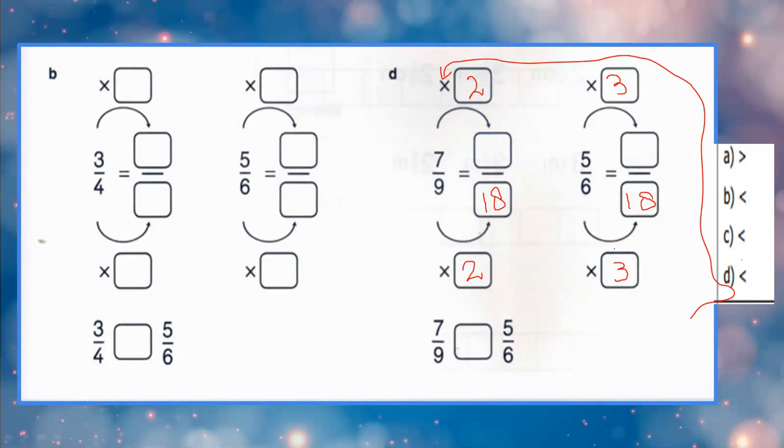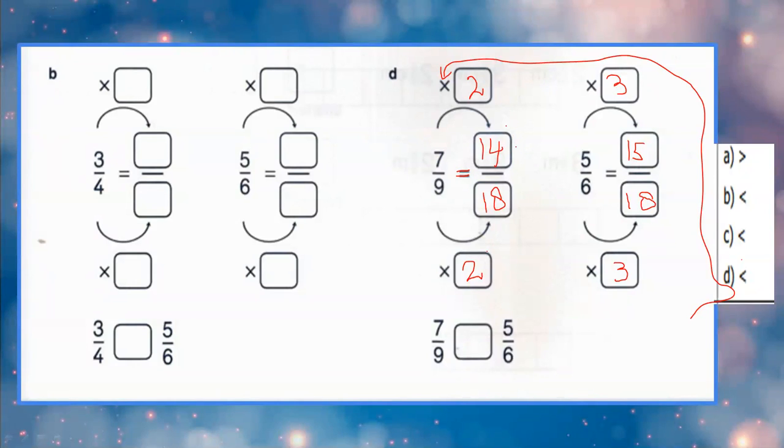Step 2 done. Okay, so step number 3, 7 twos are 14, 5 threes are 15. Yes, we get these equivalent fractions. Actually, when we solve this, we get this again. That's why they have the equality, equal on both sides.